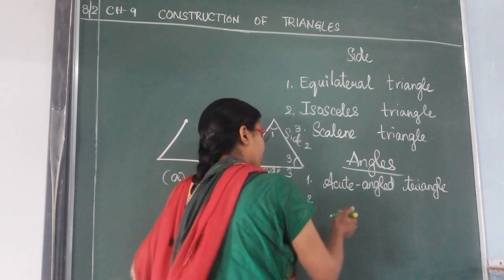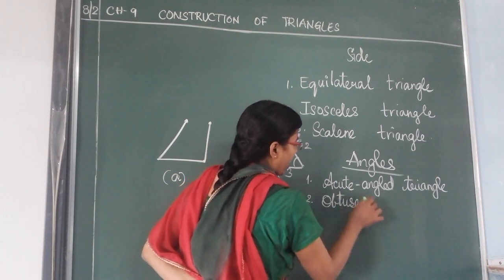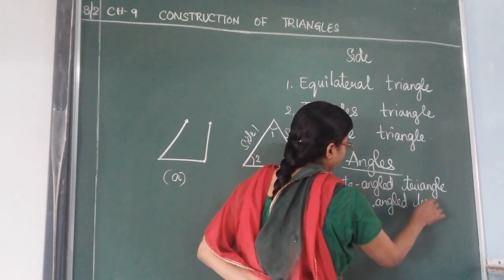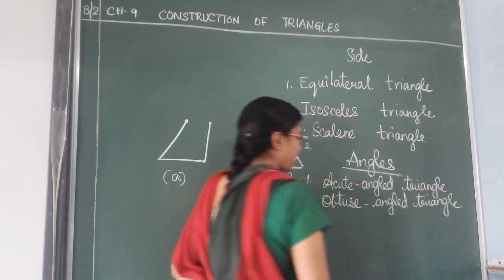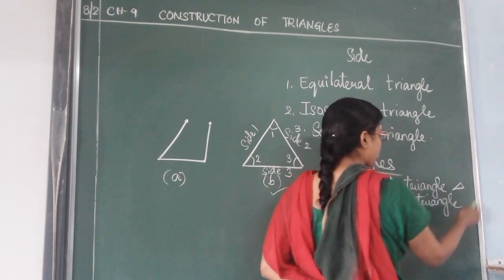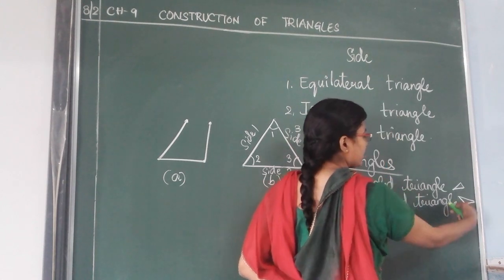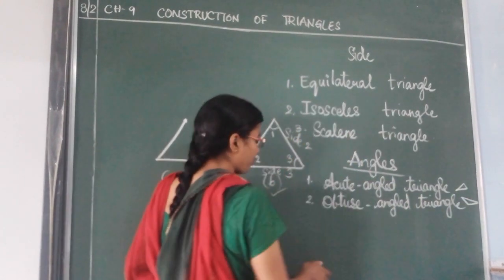So the triangle that is formed is an obtuse angled triangle. Okay, so an acute angle is something like this, and in an obtuse angle, the 2 adjacent angles are wide. Then it is an obtuse angle.